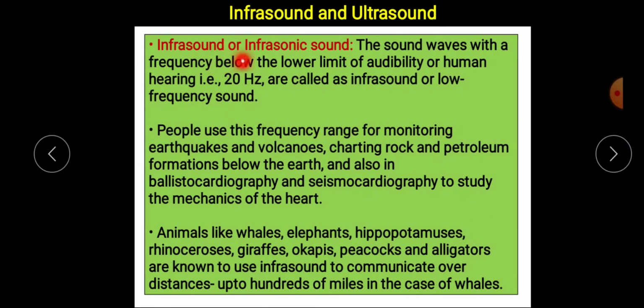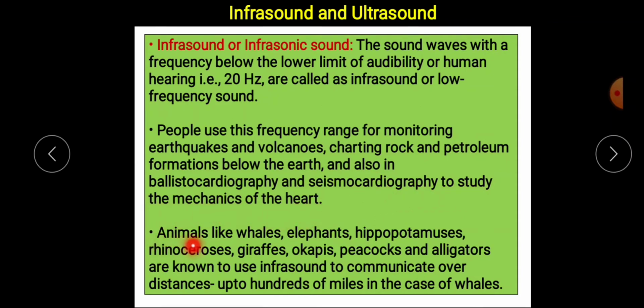People use this frequency range for monitoring earthquakes and volcanoes, charting rock and petroleum formations below the earth, and also in ballistocardiography and seismocardiography to study the mechanics of the heart.